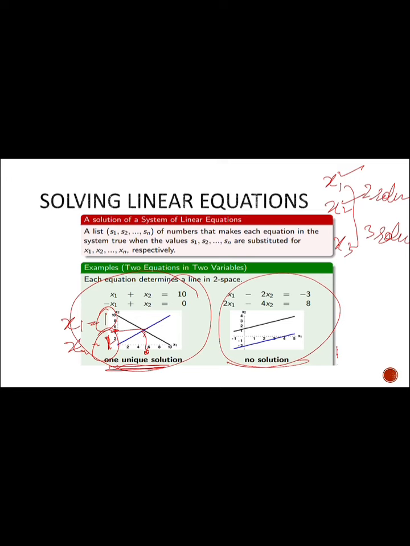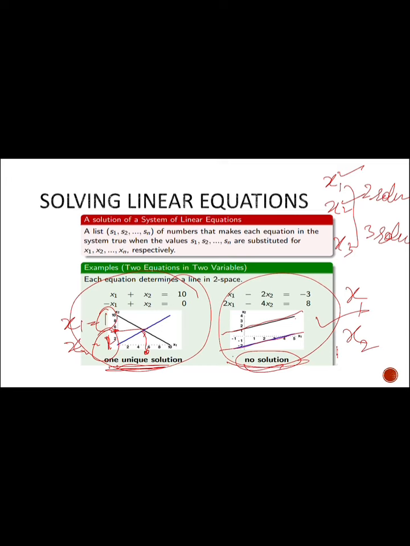Looking at this example, two lines are totally parallel to each other. There is no way they will intersect at any point. If they are not intersecting each other, they will not have any solution. There is no solution of x1 or x2. That's quite clear over here.